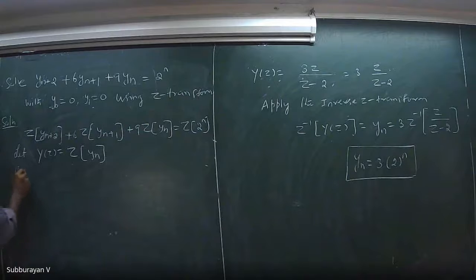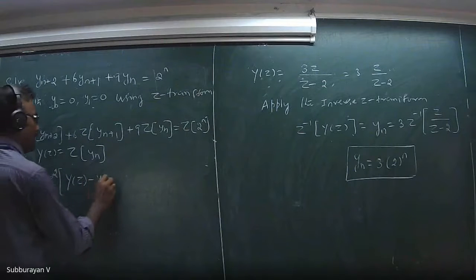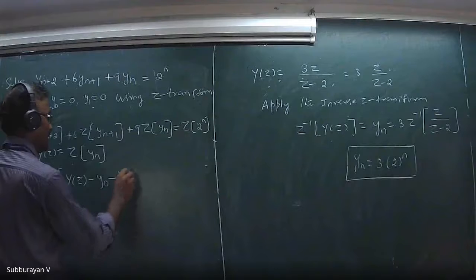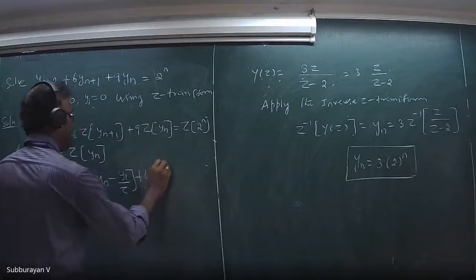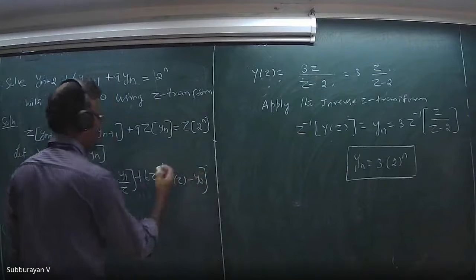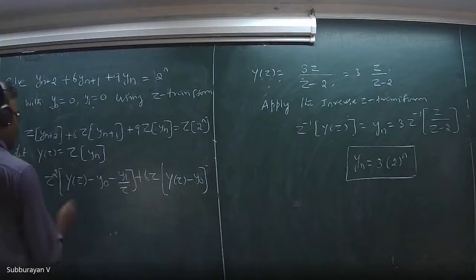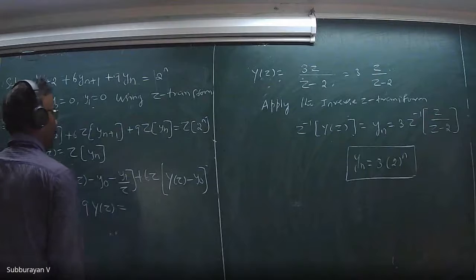Then this becomes z square into Y(z) minus y(0) minus y(1) divided by z, then plus 6z into Y(z) minus y(0), plus 9 into Y(z), equal to what is Z of a power n?